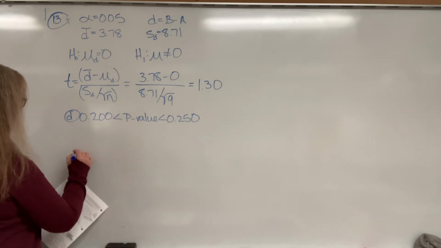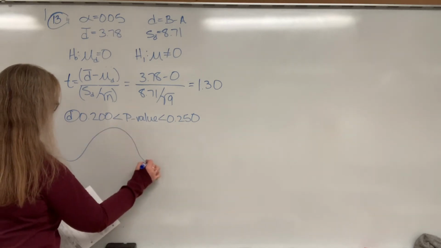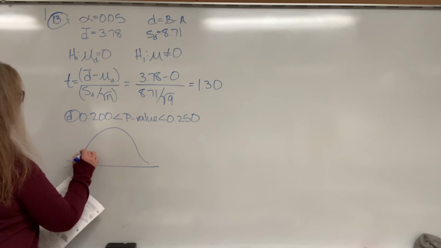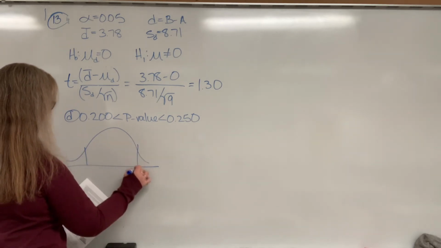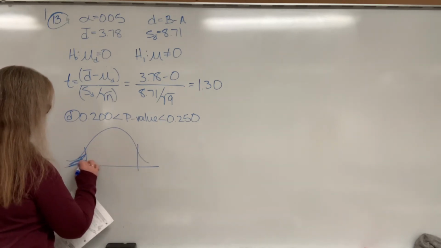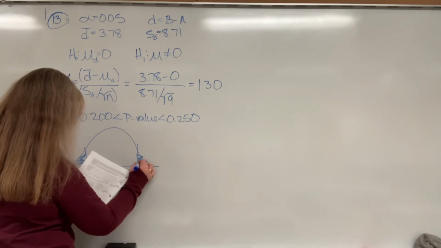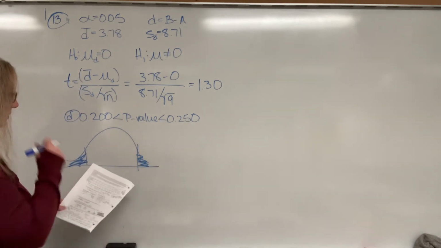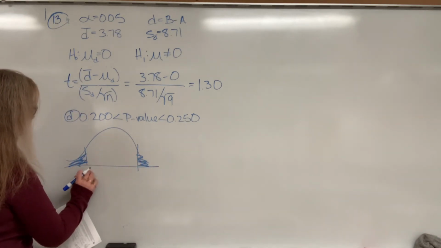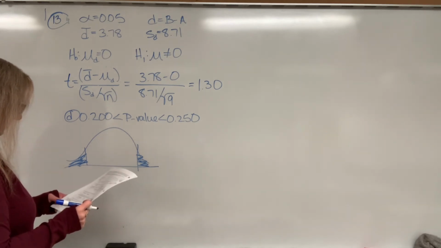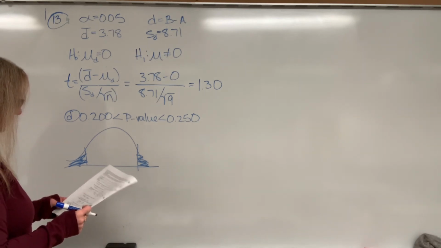And then I love for you to sketch. So this was two-tailed, okay? So these two tails together, that's what it looks like. Again, this is a t-chart. And let's see, do I fail to reject or reject?